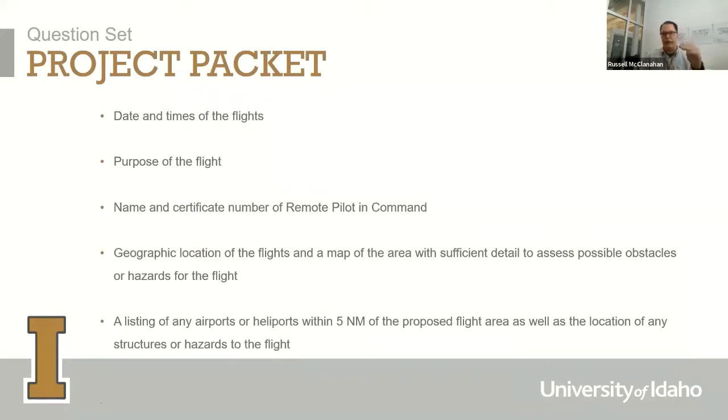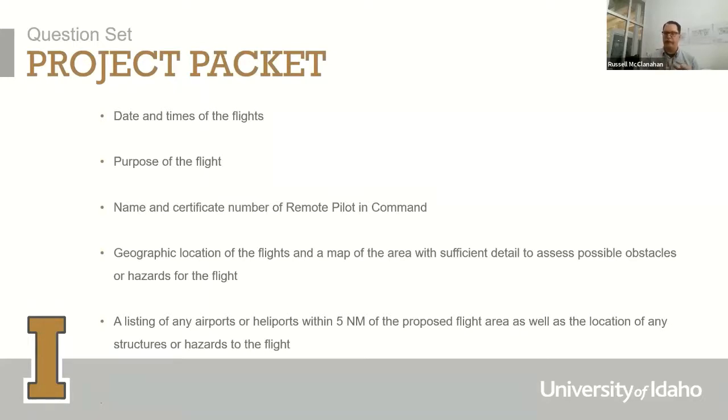This is just some of the basic information the committee would like to have to start the process of reviewing a UAS application. As much information as possible is what I tell people to provide. We're talking about where you're flying, who your visual observers are, permissions.